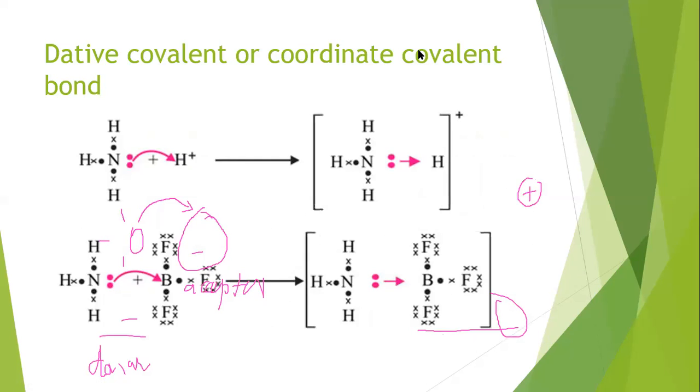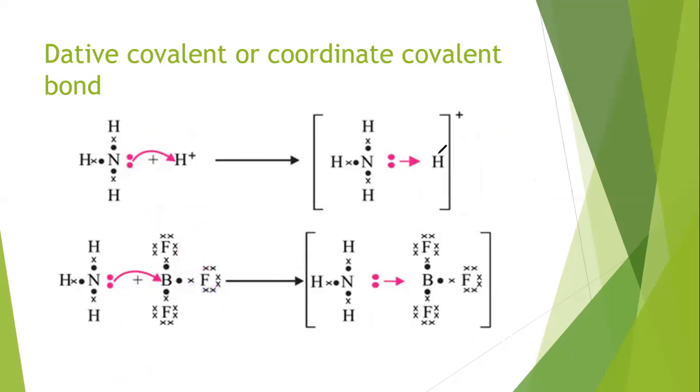Here you can see another example. Ammonia, as we know, has a lone pair of electrons. Here you can see boron trifluoride. Boron has atomic number 5.